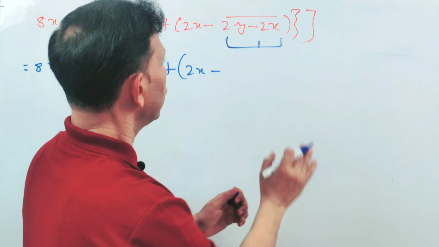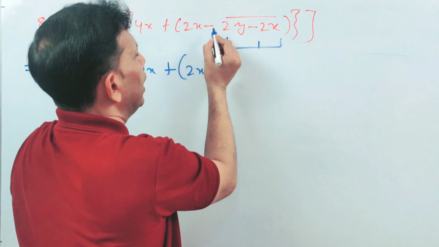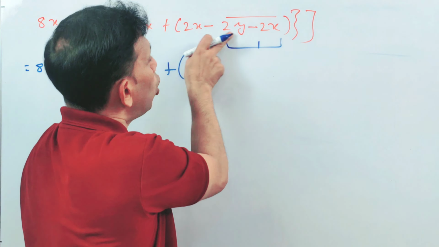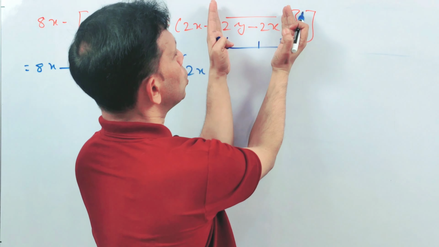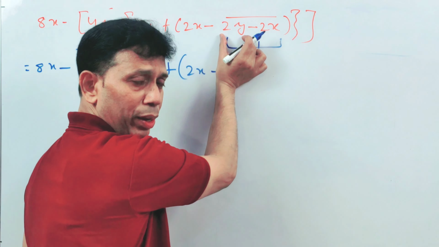Now what we will do, the bar bracket will be opened and under the bar bracket 2y is there. This minus mark is not inside the bracket. Please do remember, under the bar bracket, you see my hands, it is 2y minus 2x. So 2y is 2y only.